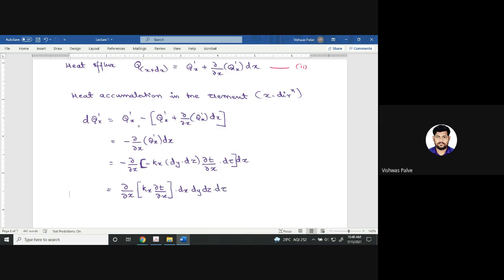We are just simplifying the equation, dou by dou x into kx dou t by dou x dx dy dz and into d tau. So we can say that this is our equation.